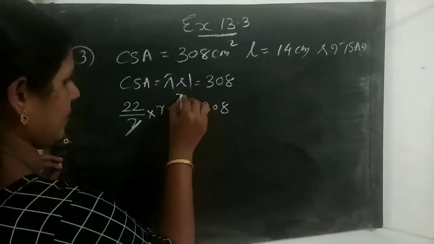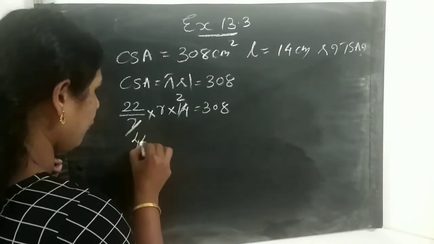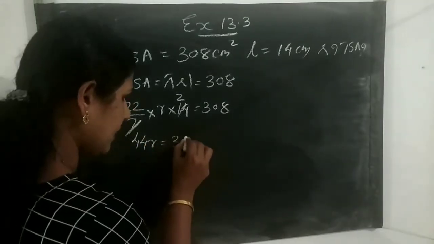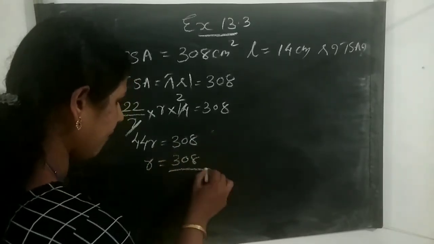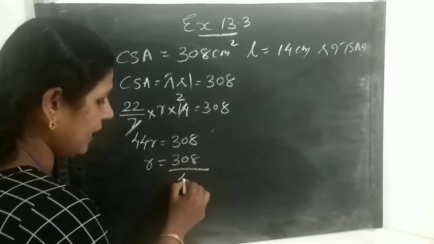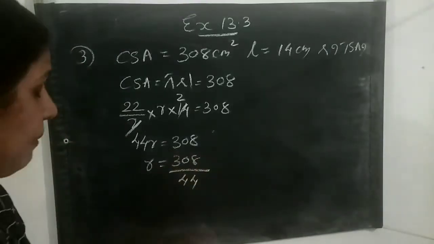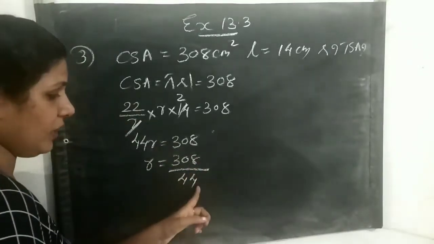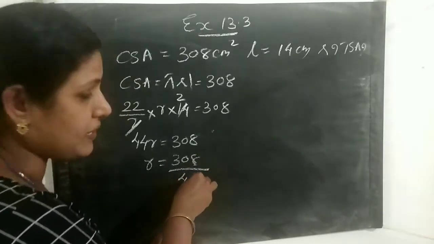Cut this. 22 into 2 is 44. 44 R equal to 308. From this R equal to 308 divided by 44, because this is multiplied by 44, so on the opposite side we get division. 308 divided by 44. 4 2s are 8 and 4 7s are 28.